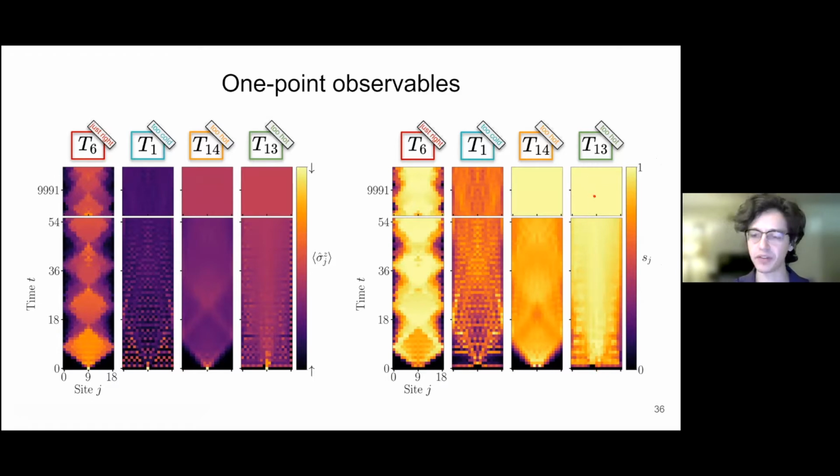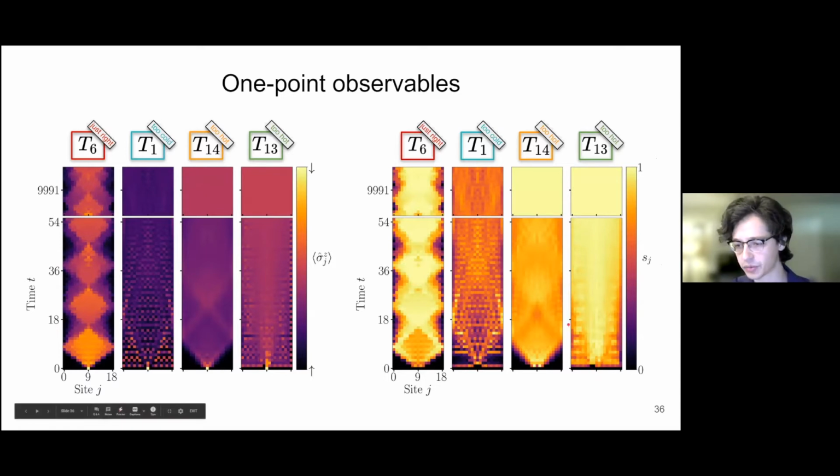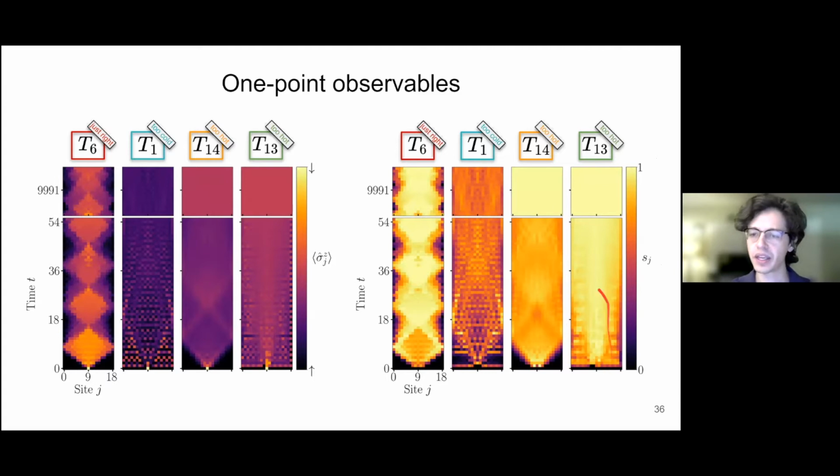It just evolves quickly to a high entropy state. We see there's a little bit of that left-right asymmetry that I mentioned in that propagation here. The near Goldilocks rules, T1 and T14, also appear to equilibrate, but maybe less quickly, and there seems to be some dynamics here at late times, very late times at the T1 rule.